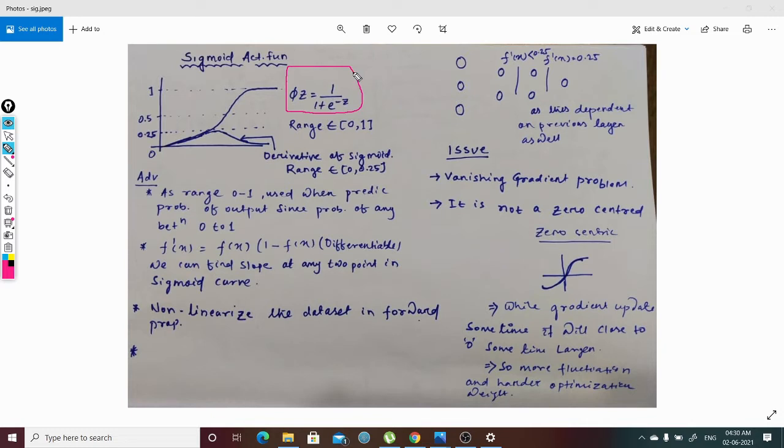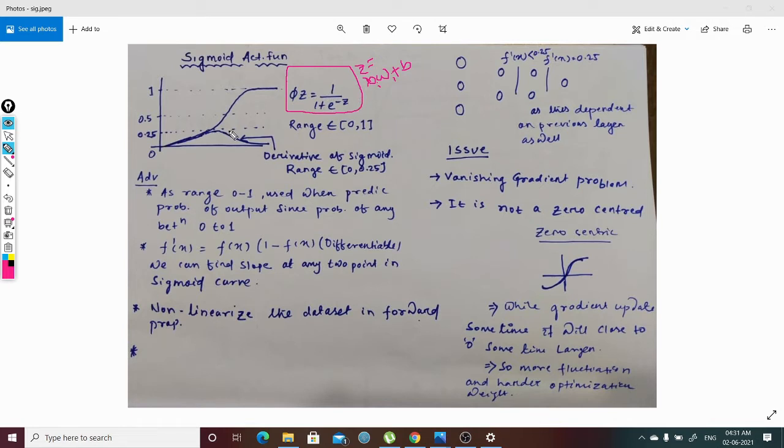So z is nothing but the input coming from the previous layer. That is a linear function, the summation of your inputs multiplied by some weights, plus some bias, right? So this is your z, and this z is passed to the sigmoid function.